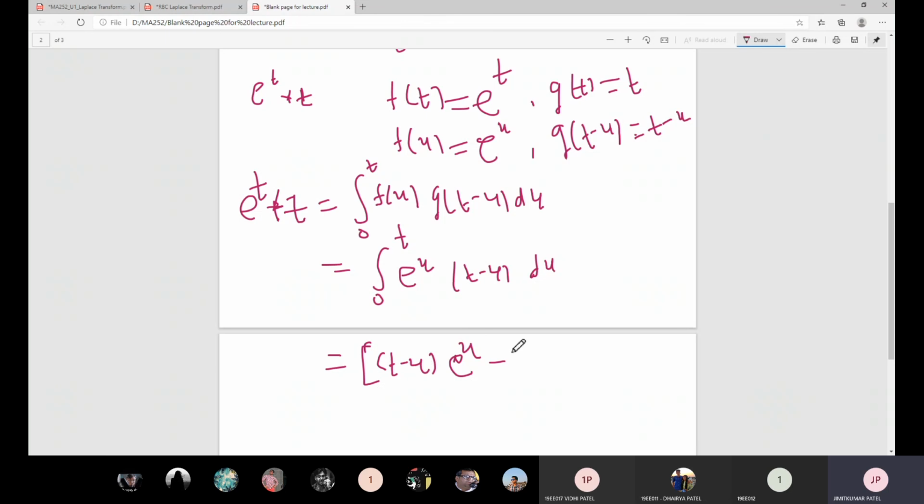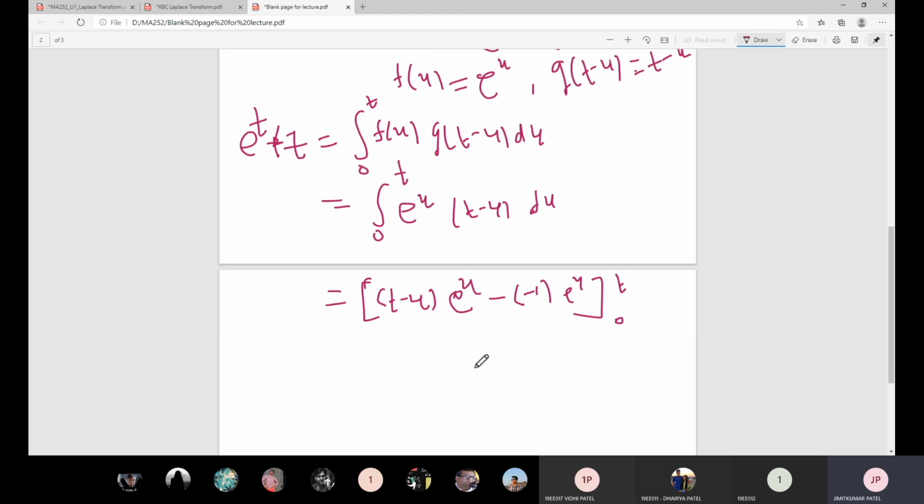So what do we get? Minus 1, am I right? Into the integration, again the integration of e raised to u is e raised to u, from 0 to t. If you simplify, t minus t means 0, minus minus plus e raised to t.